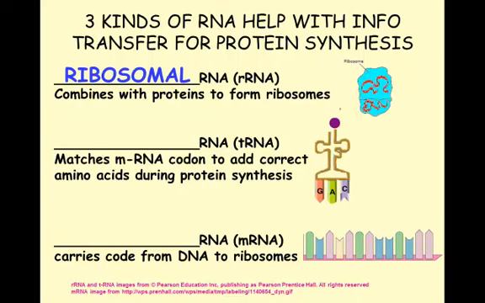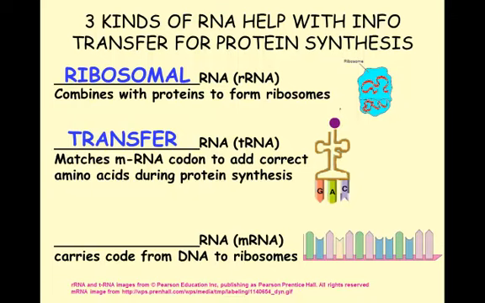The second kind of RNA is called transfer RNA. And remember, when we're doing protein synthesis, we're building proteins out of little subunits called amino acids. And the job of the transfer RNA is to bring in the correct amino acid and put it in the right spot.